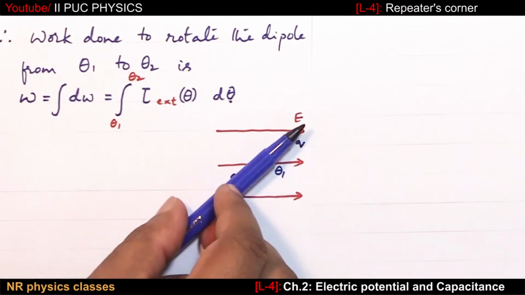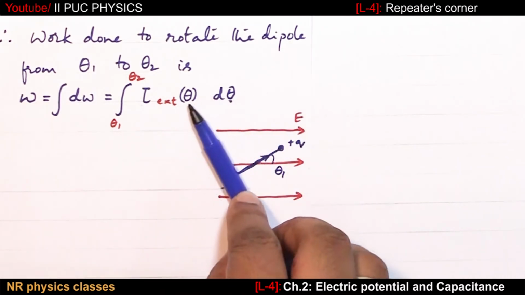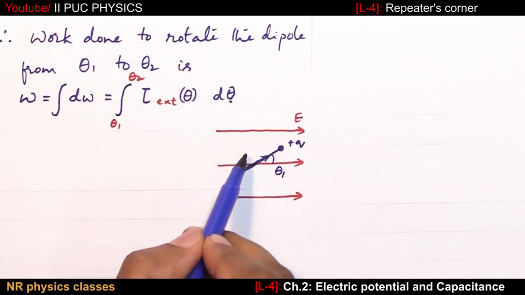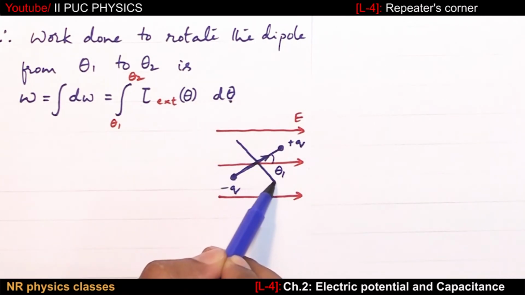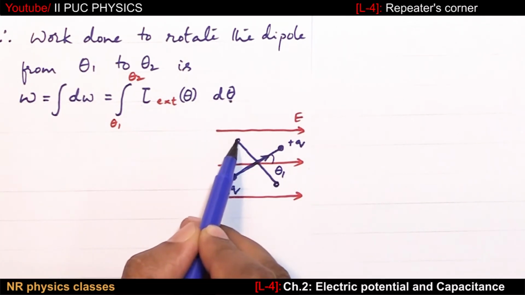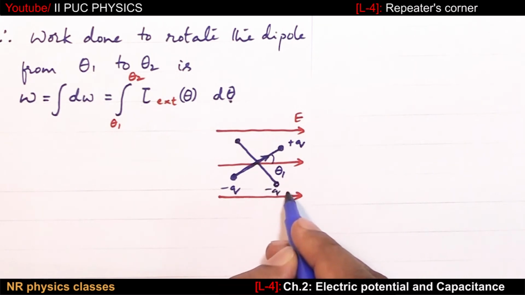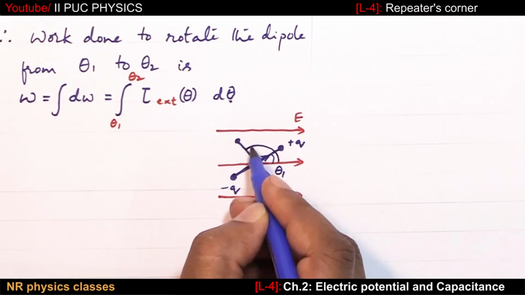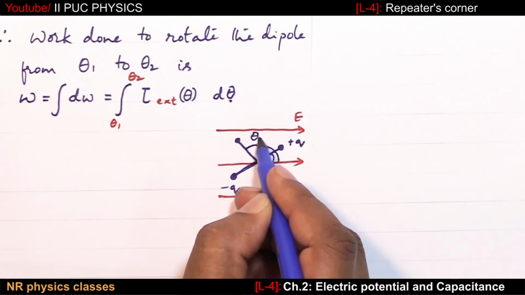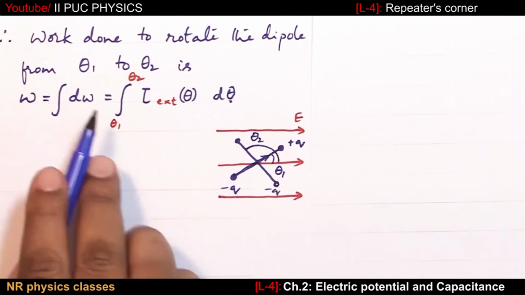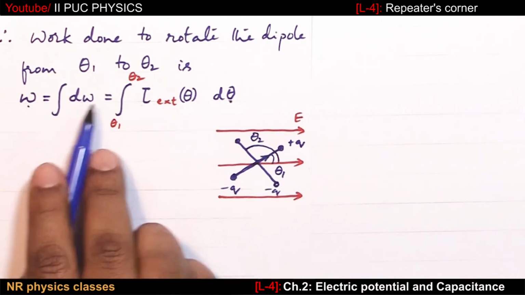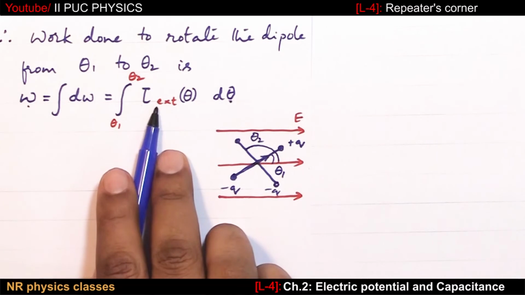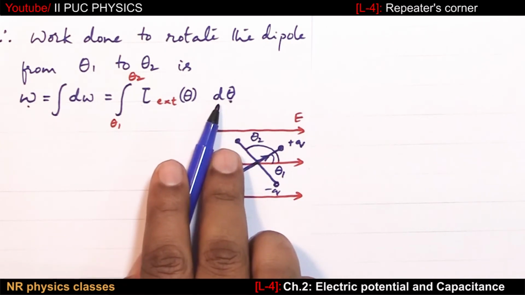Now the dipole is rotated from theta 1 to theta 2. If this is new position of the dipole, then angle made by this dipole with respect to external electric field is theta 2. This is the meaning of total work done equal to integration of torque into d theta.